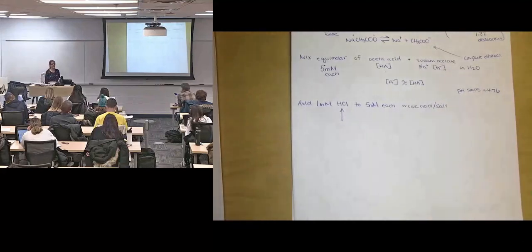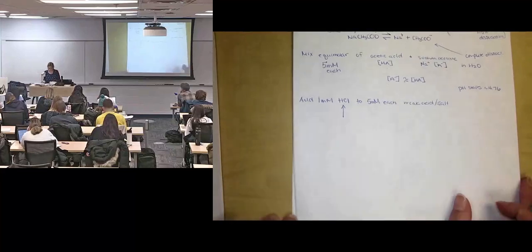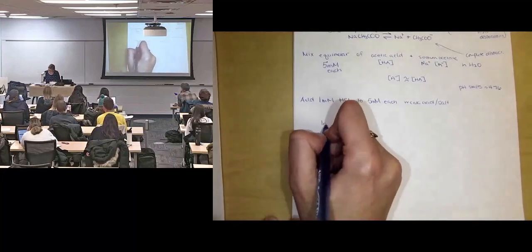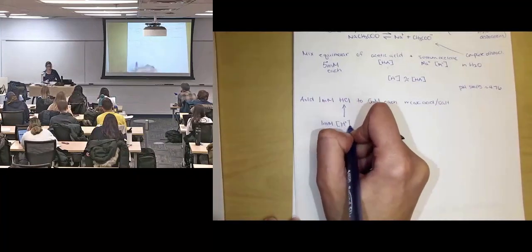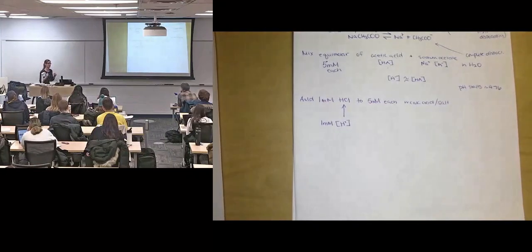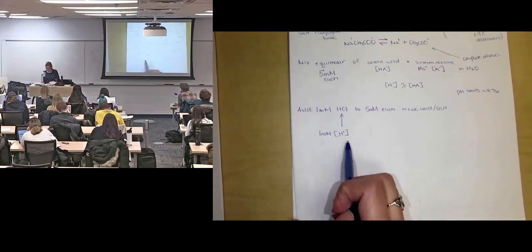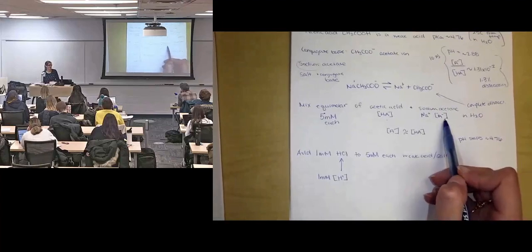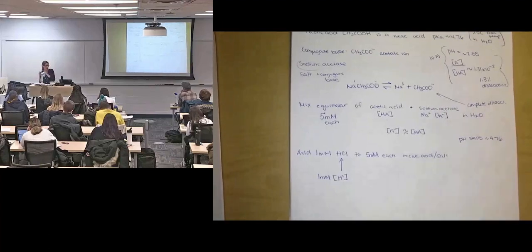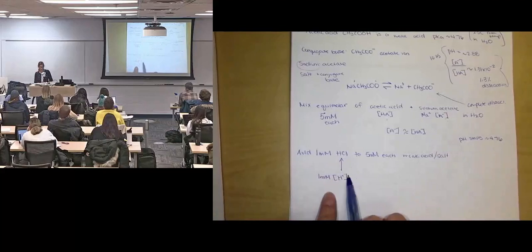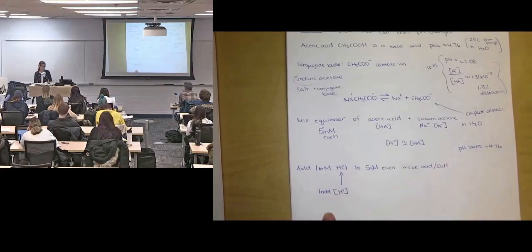HCl will dissociate completely. It's a strong acid. So I assume that 1 millimolar HCl gives me 1 millimolar of protons once it gets in the water. And these protons will grab the acetate conjugate base and become acetic acid.